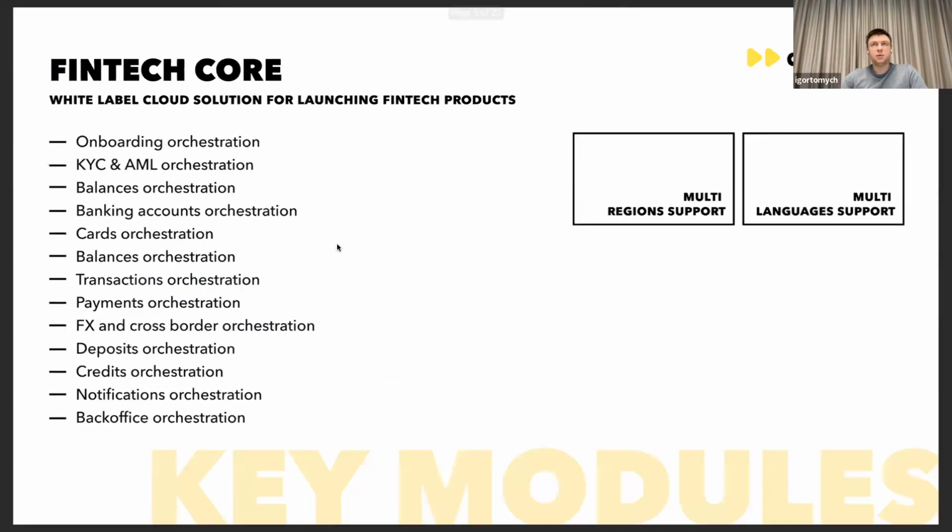The second case, which I think is also relevant as a company: we extracted all this experience from helping clients all over the world and put it into concentrated source code, called fintech core.